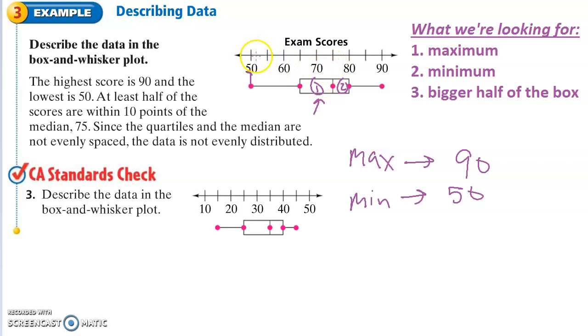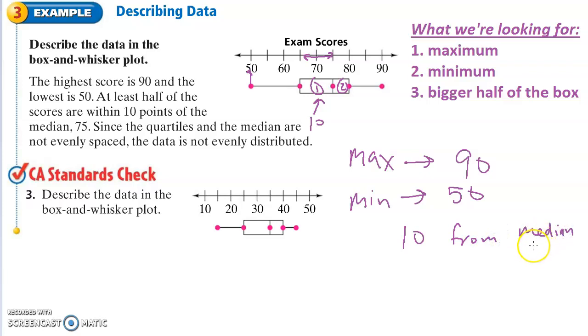Well, if every one of these little tick marks represents 5, 50, 55, 60, 65, 70, and it's 2 tick marks in length, it means that this is going to be 10. This has a length of 10. Okay. Now, what this represents is 10 points from the median.